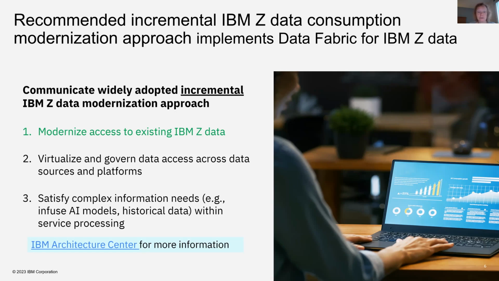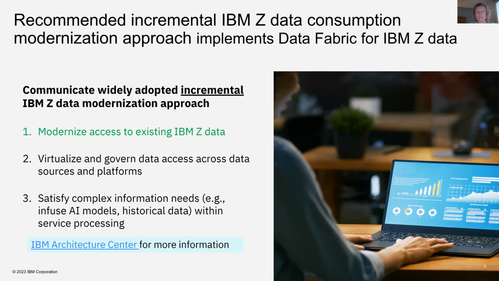And the third one, satisfy complex information needs, is the hype now, the challenge to actually bring AI, infuse AI into the business critical service processing. And this in itself is a very hot topic.